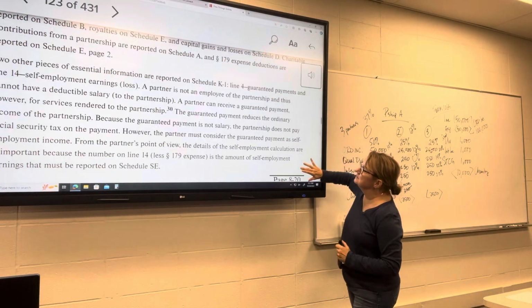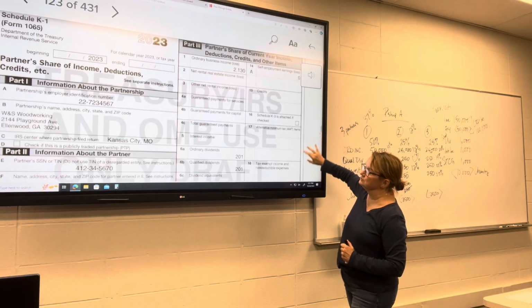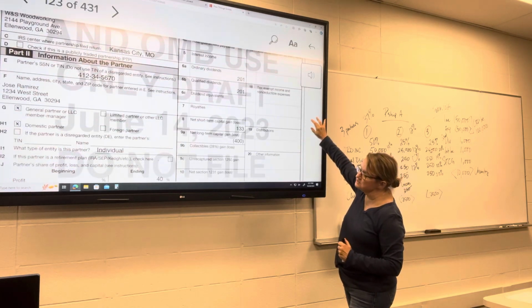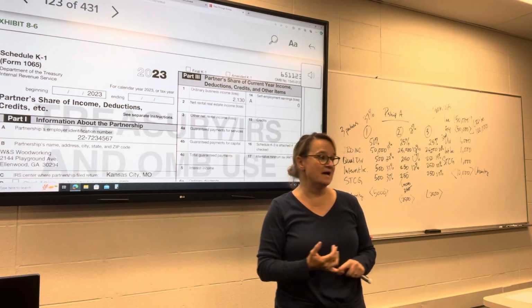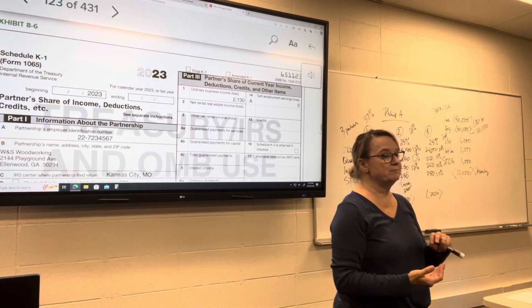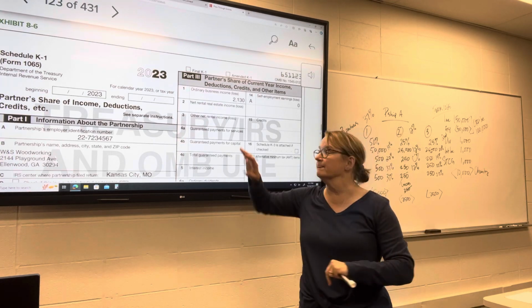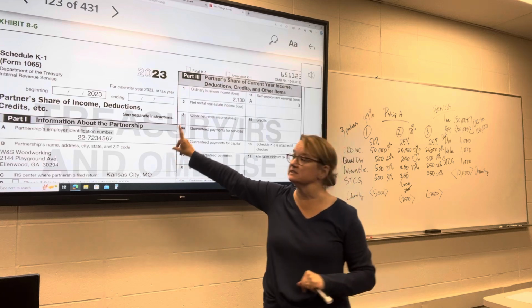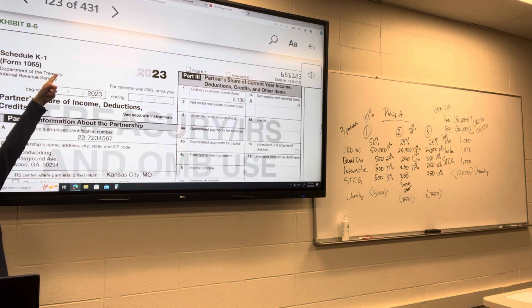Let's see. I'll talk about guaranteed payments in a minute. I just want to show you what the K1 looks like. So this is the form K1. For every type of pass-through entity, partnership, S corporation, estates, trusts, they have their own K1. You can see right here, this K1 is specifically for partnerships.